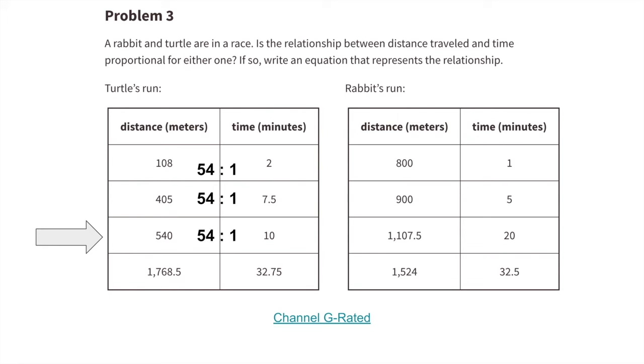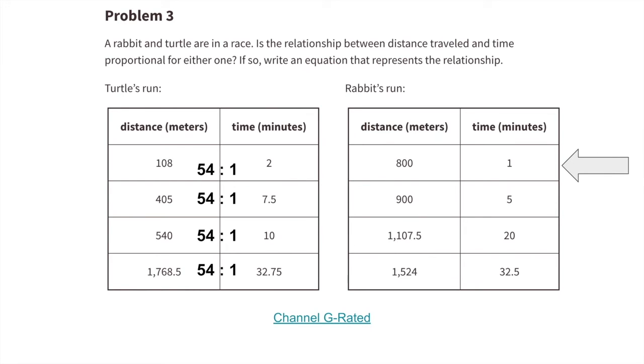So this is also a ratio of 54 to 1. And finally, 32 75/100 divided by 32 75/100 equals 1, and 1,768 5/10 divided by 32 75/100 is 54. For the turtle's run, the relationship between distance traveled and time is proportional.